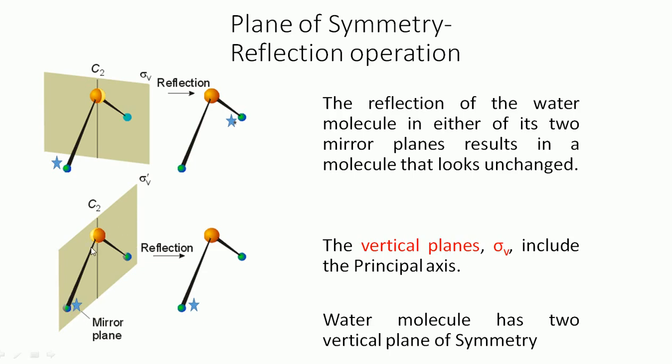Therefore, when you reflect the molecule over this plane, you get the same image. There is no change in the position of atoms, but this plane cuts every atom in the molecule and you get a new image which is indistinguishable from the initial one. So you have two planes of symmetry in the water molecule.